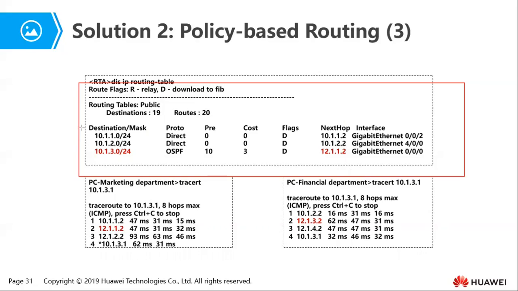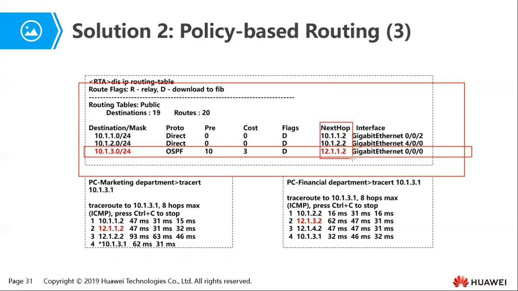So if you go to the routing table and you look at the destination network which goes to the headquarters, the 3.0 network, you're still going to see that we have not changed the next hop. The next hop is still pointing to 1.1.1.2, which is RTB.